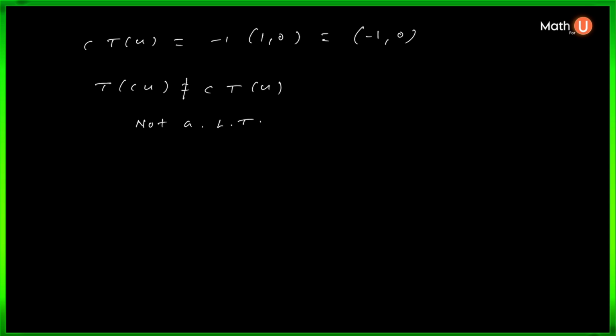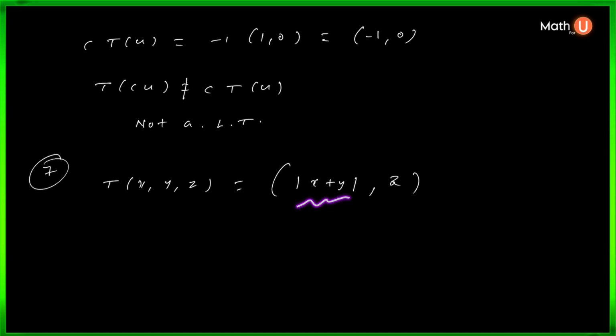Next, the seventh one is T of (x, y, z) is (mod of x plus y, z). Here also it is not a linear transformation because the modulus is there. It is not a linear transformation.